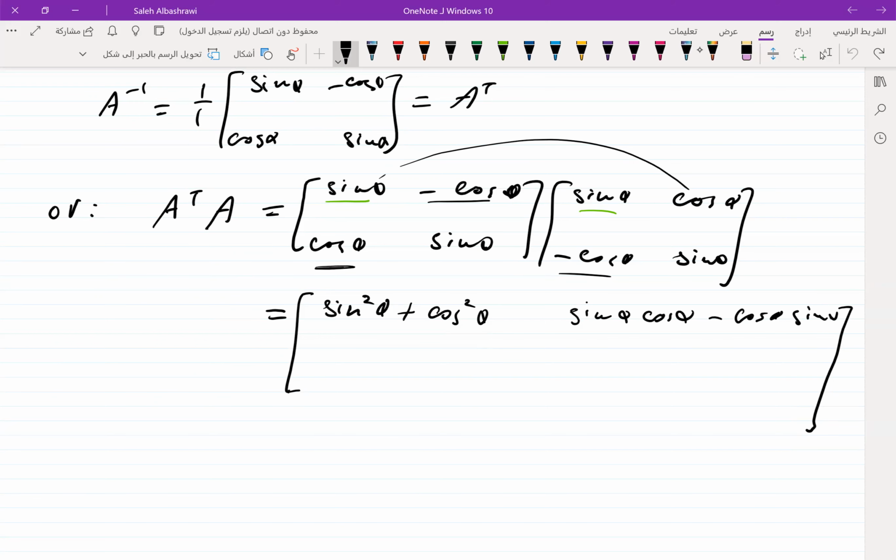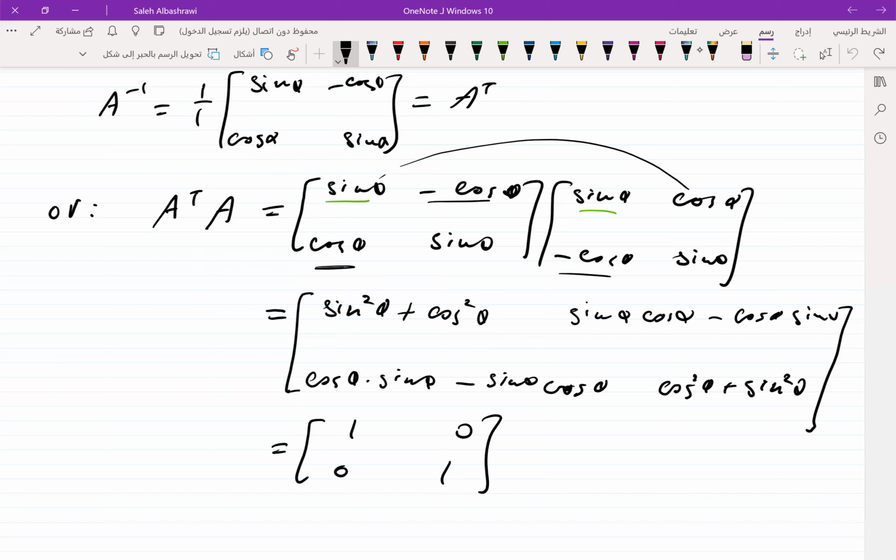Cosine times sine gives cosine theta sine theta minus sine theta cosine theta. Go for the second column. I will have cosine square plus sine square, which is equal to 1, 0, 0, 1.